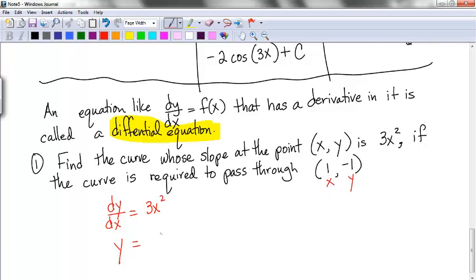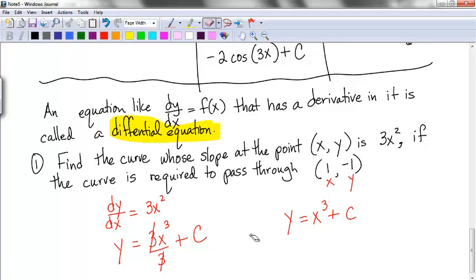Take the antiderivative of the right side: you add 1 to the exponent, divide by the new exponent, and then plus c. Every time you do that antiderivative, you're doing plus c. You can reduce the 3's, these will divide out, and you're at y equals x cubed plus c.